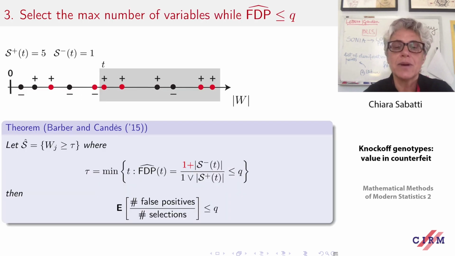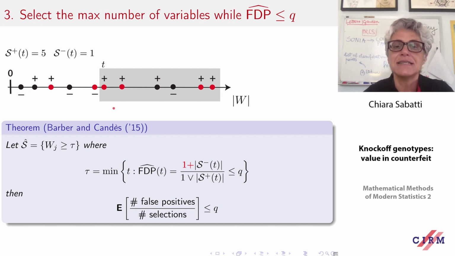And ultimately, what we're going to do is to estimate the FDP of every selection using at the denominator the number of candidate selections, that is the number of variables with a large W, where T is the threshold that we have in mind, and at the numerator the number of variables that have a knockoff score that is smaller than minus T. So we look at the opposite direction and see how many negative signs with that particular size of W we have seen.